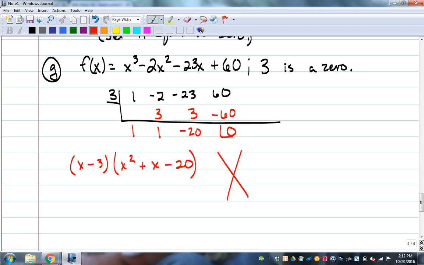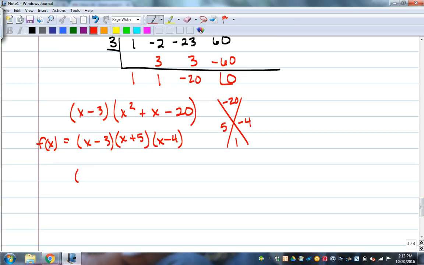Now, let's factor that trinomial. We're getting a lot of practice factoring trinomials today. So what multiplies to negative 20 and adds to be 1? 5 and negative 4, so that's x plus 5, x minus 4. We still have the factor x minus 3 that we already know the 0 from. So what we're doing here is setting that entire polynomial in factored form equal to 0.